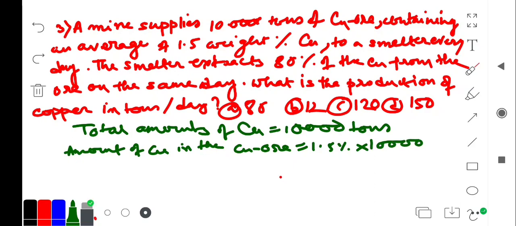We can use 1.5% as 1.5 by 100. When we omit the decimal, 10 will be there, so this should be cut and we get 150 tons.